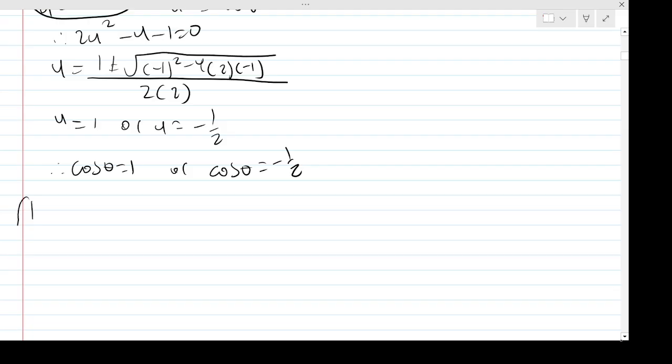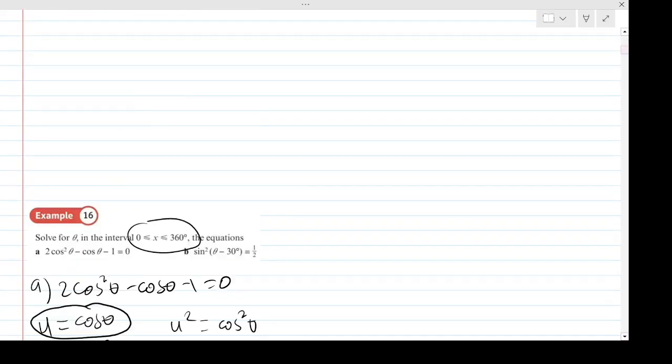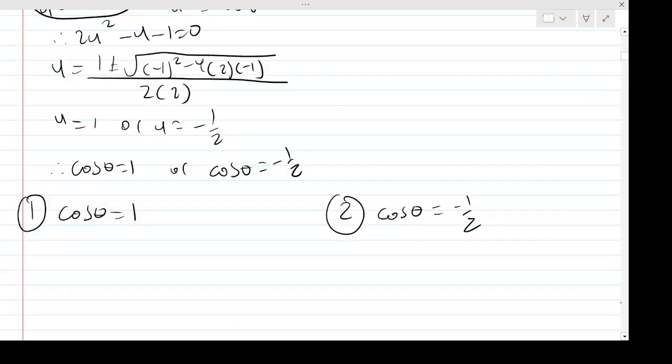So firstly, we have cos theta equals 1, and then we'd also have cos theta is minus a half. So let's solve this one firstly. So cos theta is 1, and also remember our interval is 0 to 360. There we are.